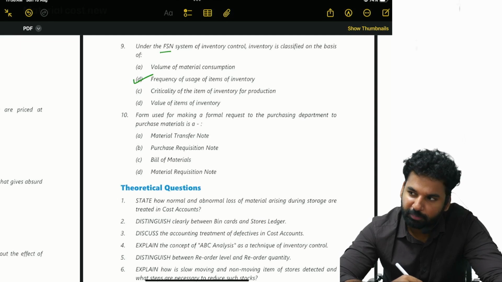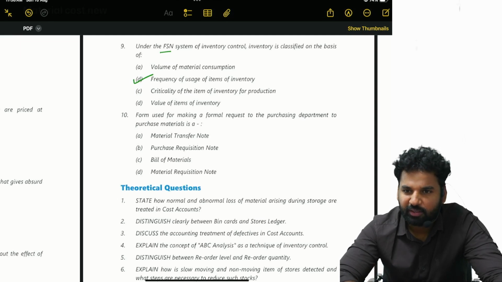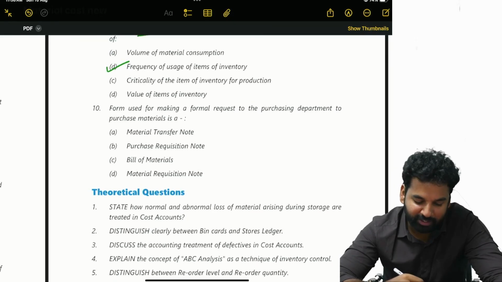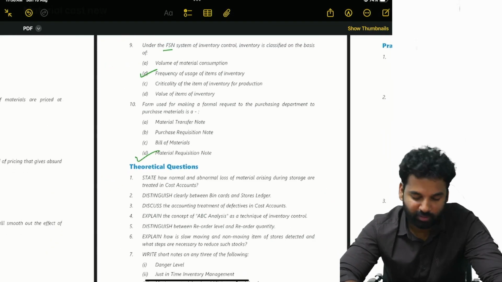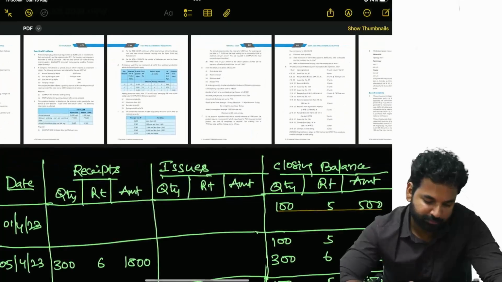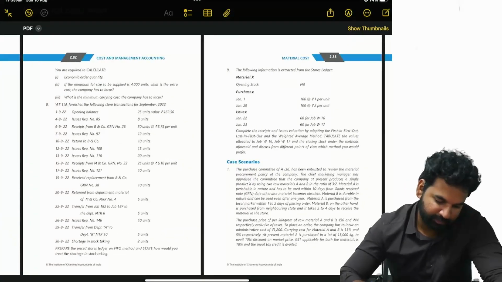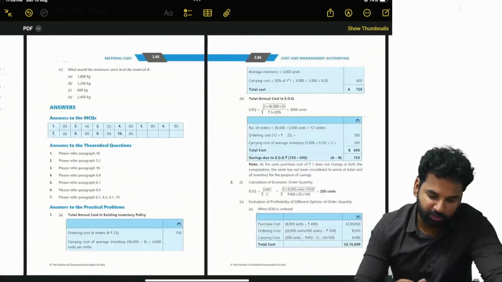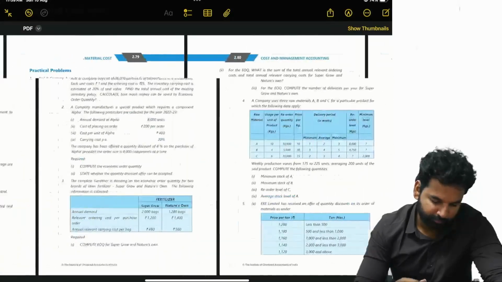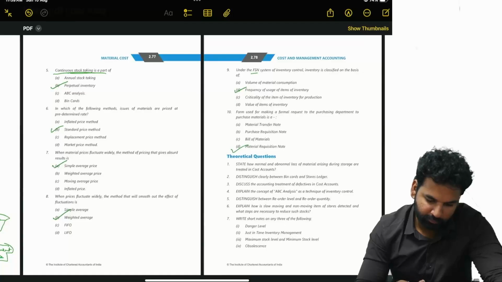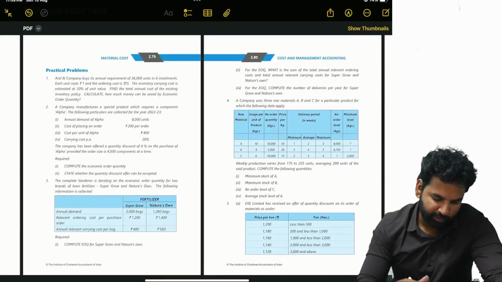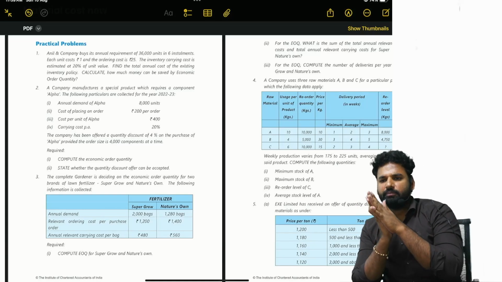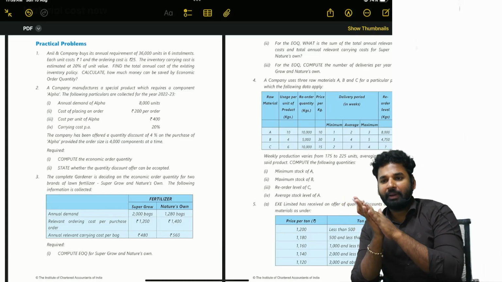Purchase requisition note we have discussed. Okay, material requisition note. So we have done with the practical questions. How many questions have we done? Purchase requisition note we have discussed.